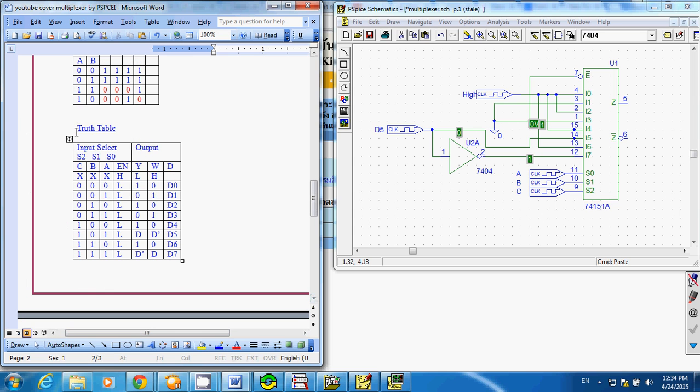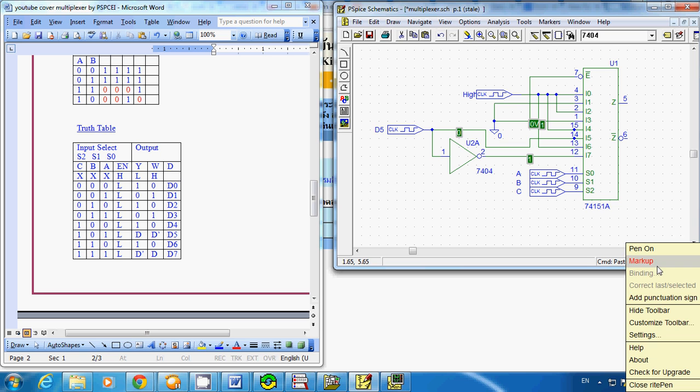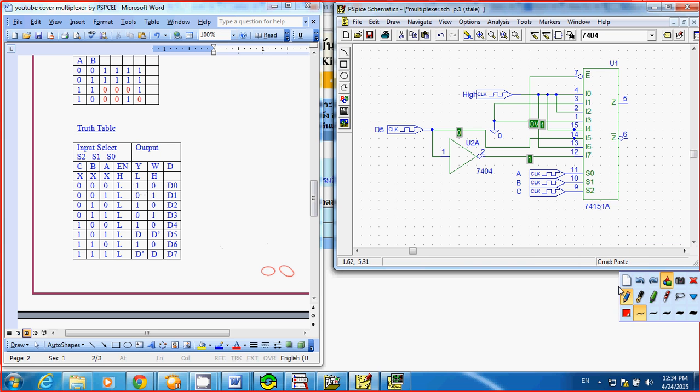So the last step, that we have a truth table. So what we're going to do is, as I told you before, you have S0, S1, S2, and S2 becomes C, right?